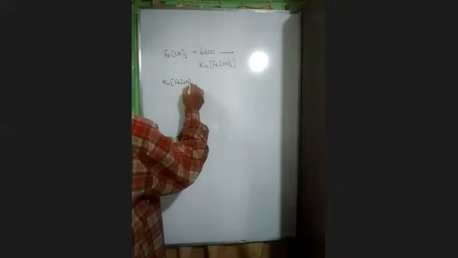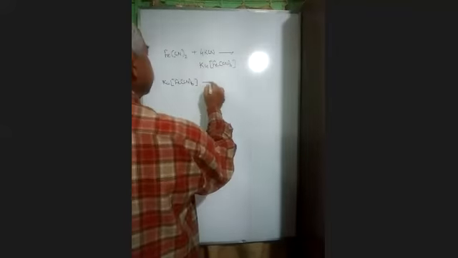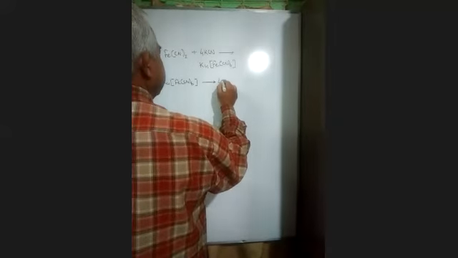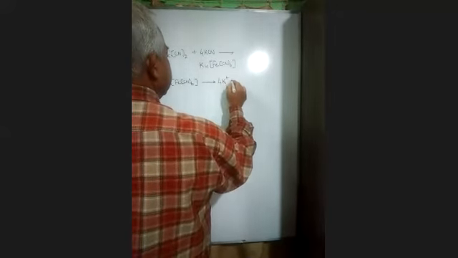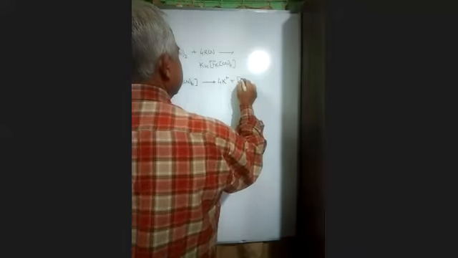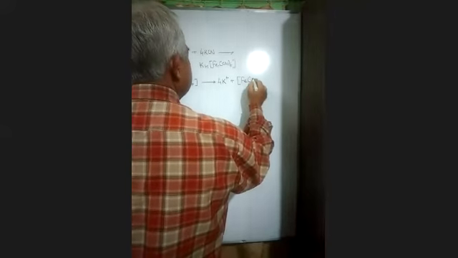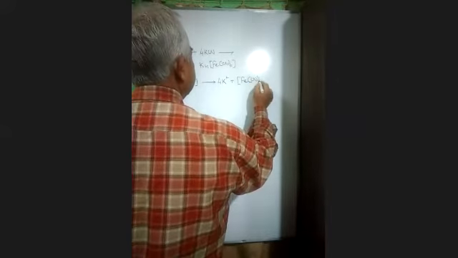This is a salt. A salt is supposed to ionize or dissociate in solution to give you respective ions. So we find here, very interestingly, a new ion.